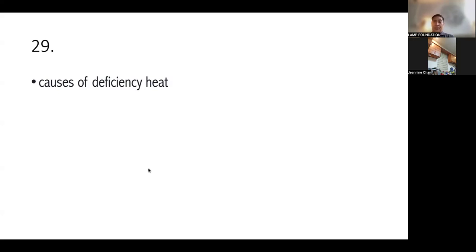Ibig sabihin matagal na siya, no? What else? So, chronic disease with yin deficiency and relative yang excess. Kasi nga, hindi na makontrol ni yin si yang. So, to compare, nag-excess si yang, relative yang excess. And second, too much sex. And this will damage your yin essence.